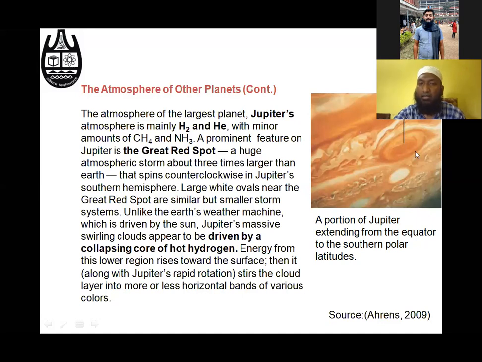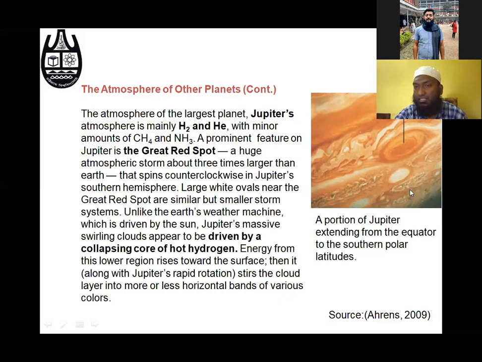Unlike the Earth's weather machine, which is governed by the sun, Jupiter's massive swelling clouds appear to be driven by the collapsing core of hot hydrogen, as hydrogen and helium are the main atmospheric components. Energy from this lower region rises toward the surface, then stirs the cloud layer into more or less horizontal bands of various colors.